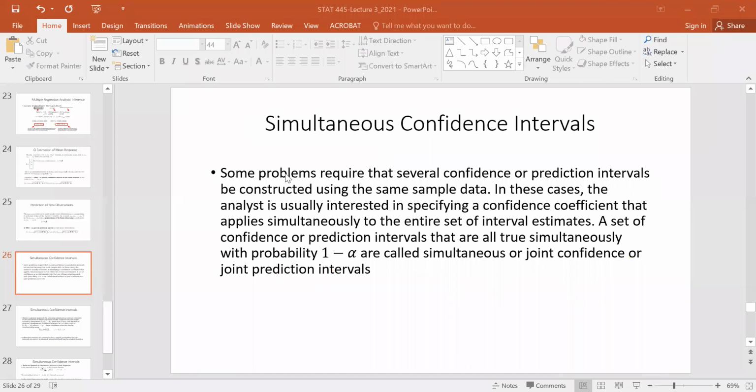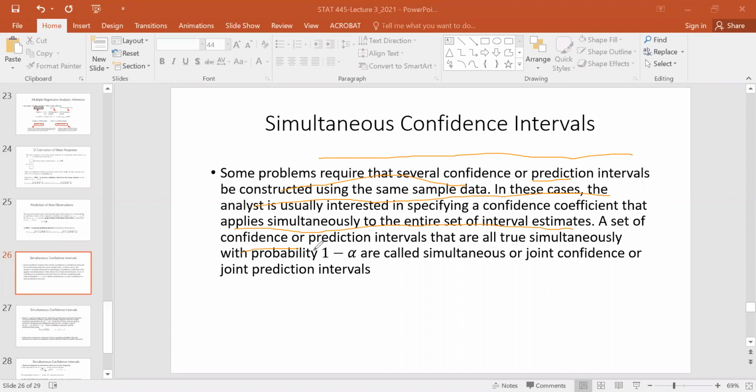So this is the note here. Some problems require that several confidence or prediction intervals be constructed using the same sample data. In these cases, the analyst is usually interested in specifying a confidence coefficient that applies at the same time to the entire set of interval estimates.